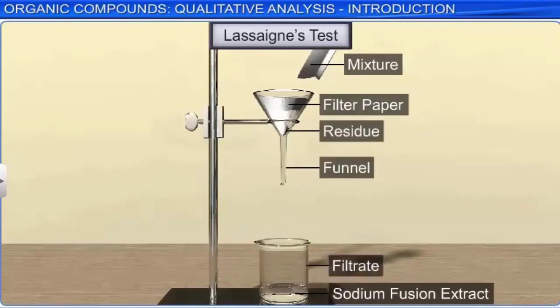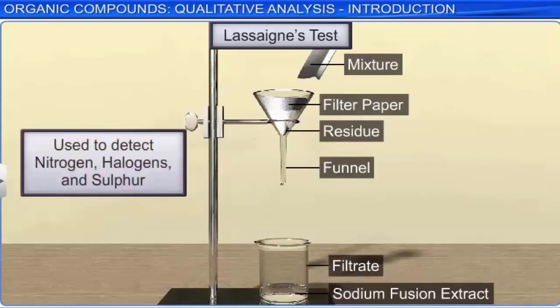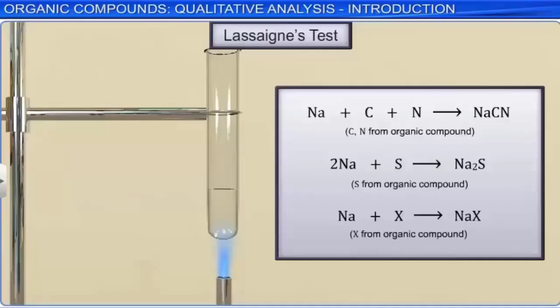This extract is used to detect the other elements such as nitrogen, halogens, and sulfur. During fusion, the elements nitrogen, sulfur, and halogen combine with sodium and are converted to sodium cyanide, sodium sulfide, and sodium halide respectively.